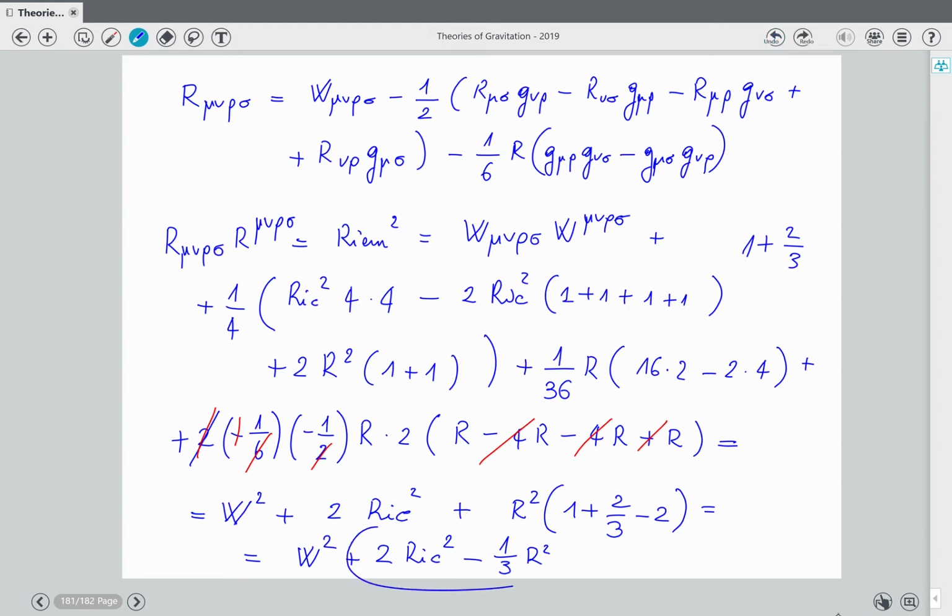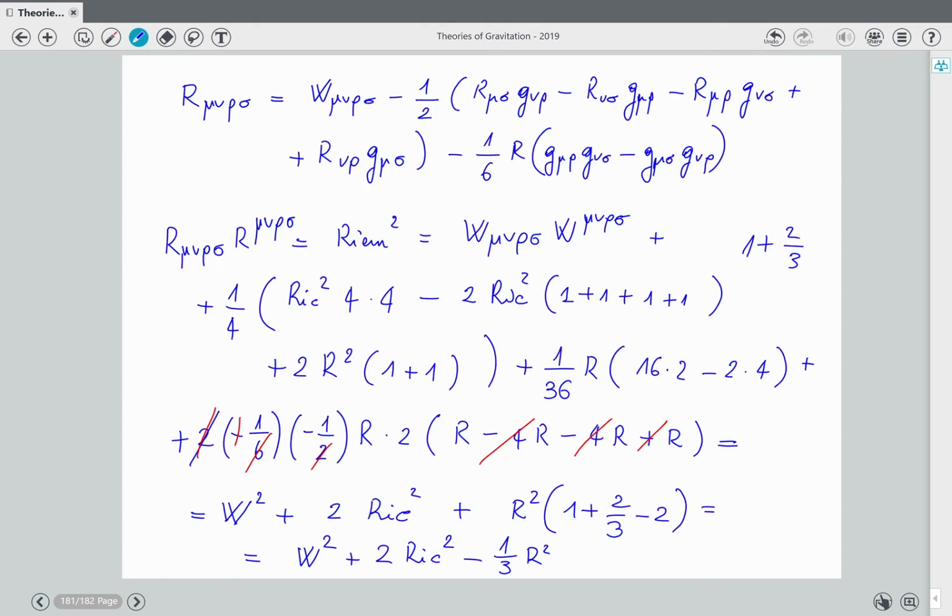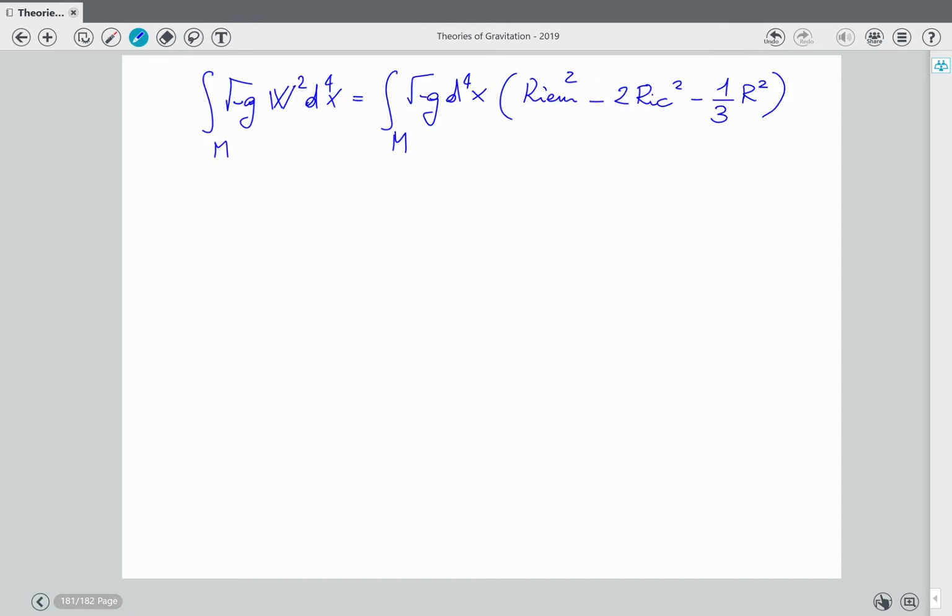So we move these to the other side. Minus 2 Ricci squared minus 1/3 R squared. Minus 1 plus 1/3. It was minus there, plus 1/3.